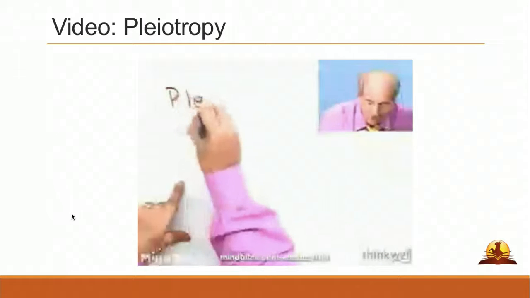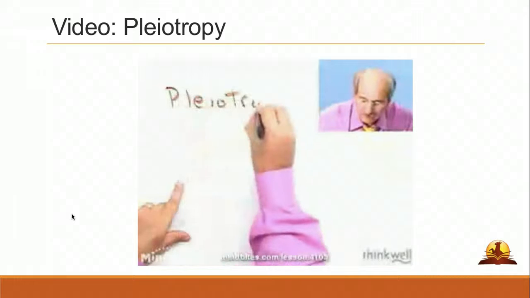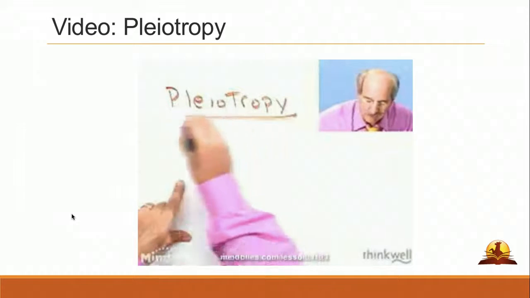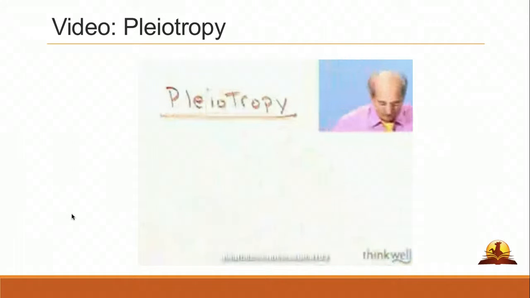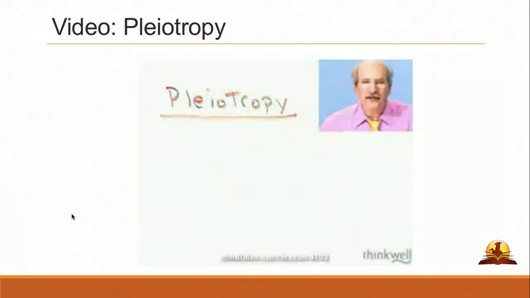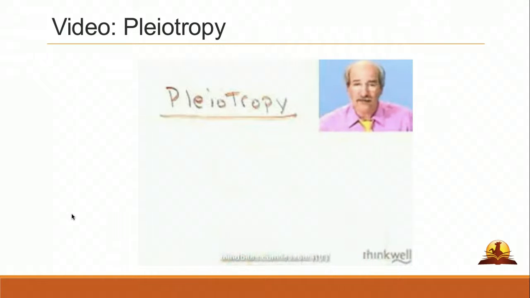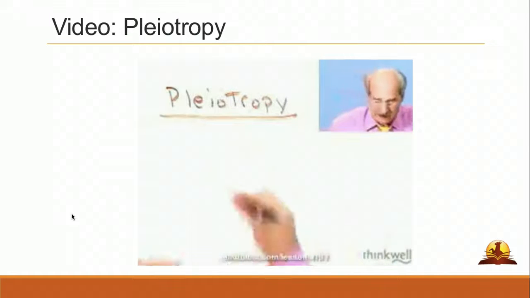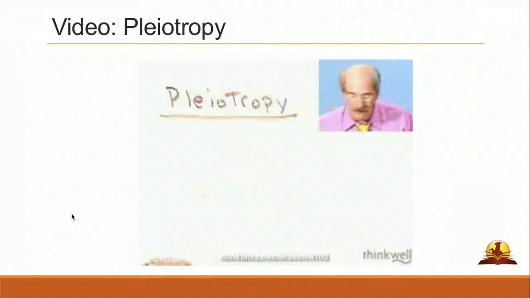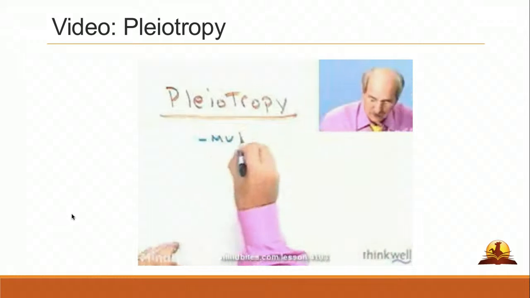And I want to talk to you now about pleiotropy. Pleiotropy. What is pleiotropy? Pleiotropy is what I just described, when the expression of one gene has multiple phenotypic effects.